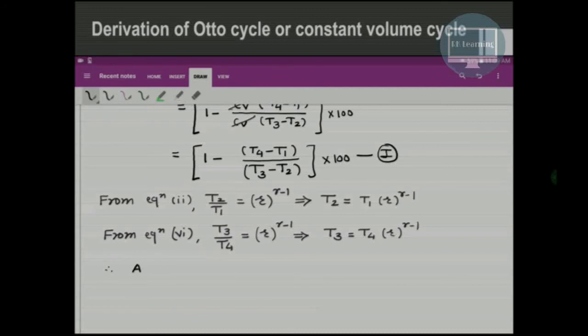So our equation which we have written over here, the air standard efficiency, will be equal to, in bracket, 1 minus the numerator as it is, T4 minus T1. In the denominator, in place of T3 we can substitute T4 r raised to gamma minus 1, the value which we have just now obtained. And in place of T2 it is T1 into r raised to gamma minus 1.